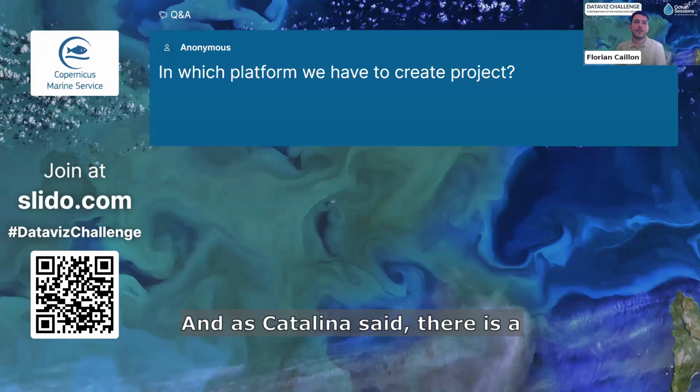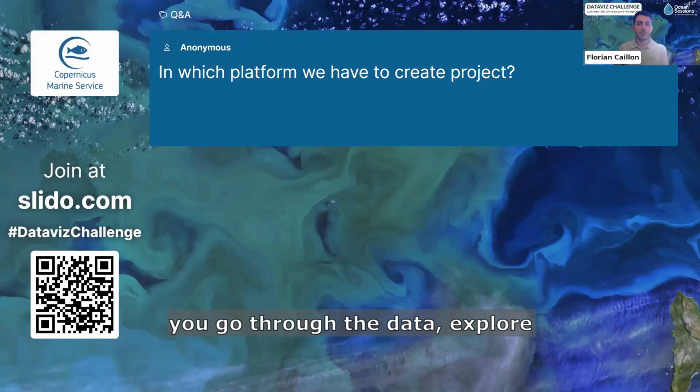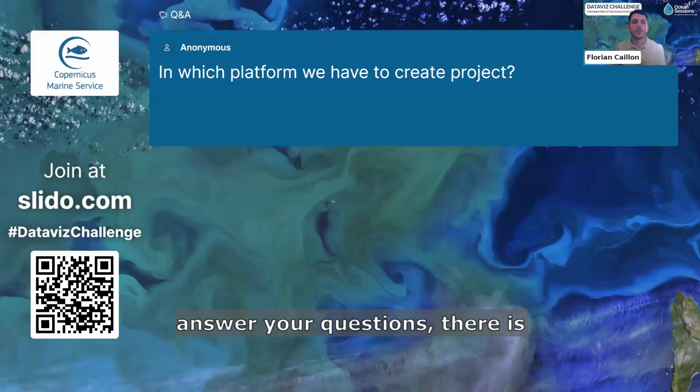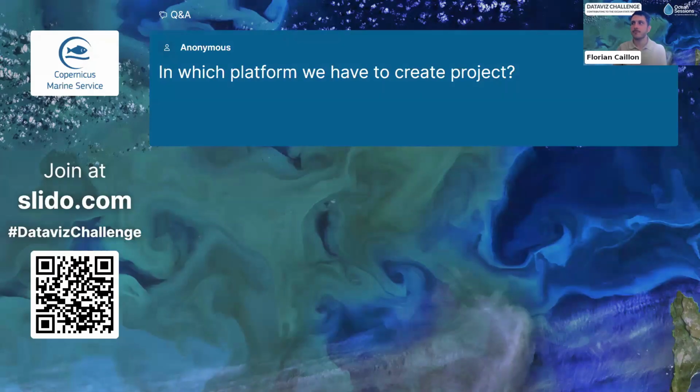And as Catalina said, there is a blue companion on the Copernicus website that you can use to help you go through the data, explore MyOcean Pro. It will help you, and if it cannot answer your questions, there are humans also behind the chat who can answer your questions.